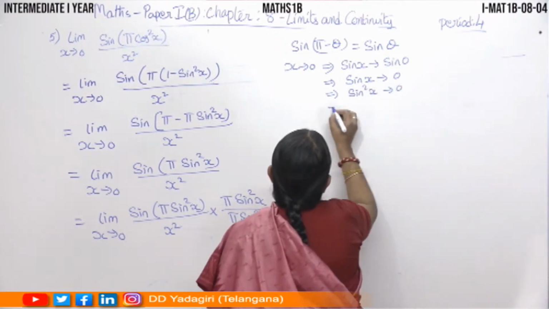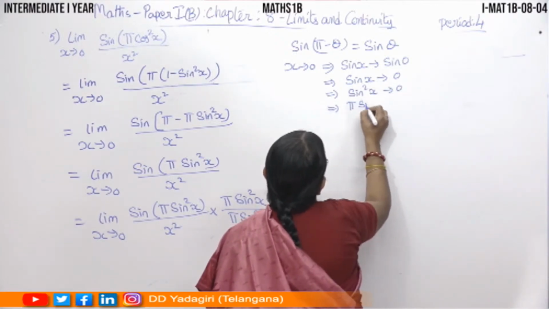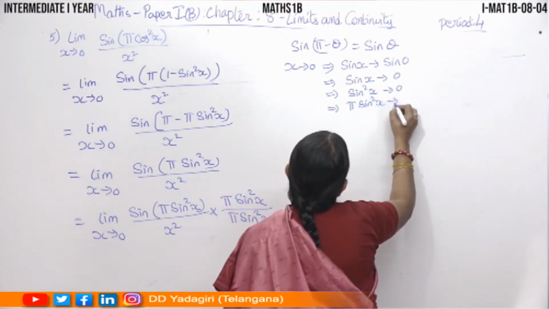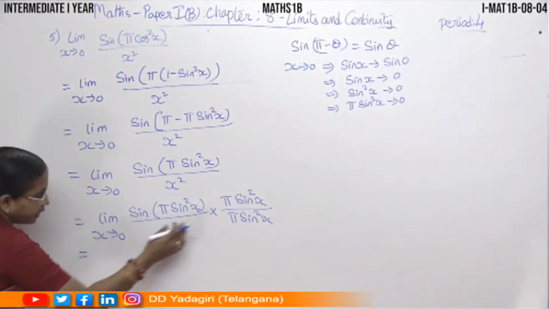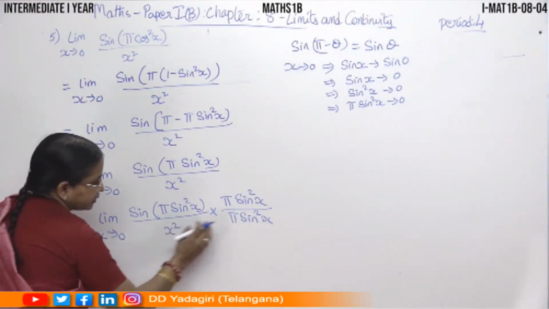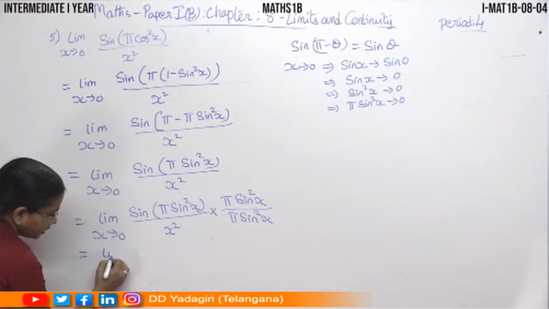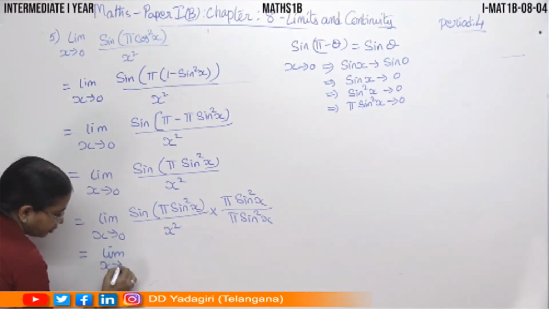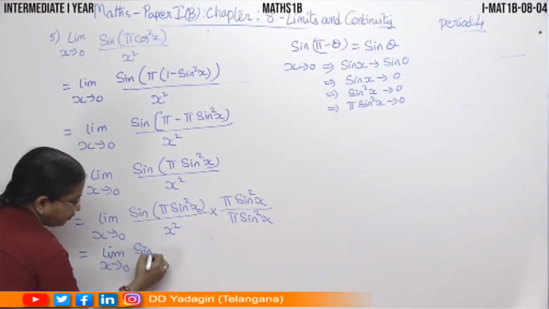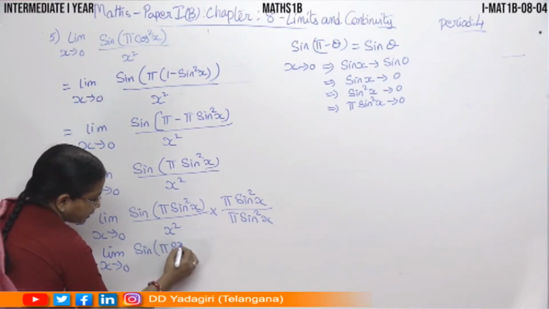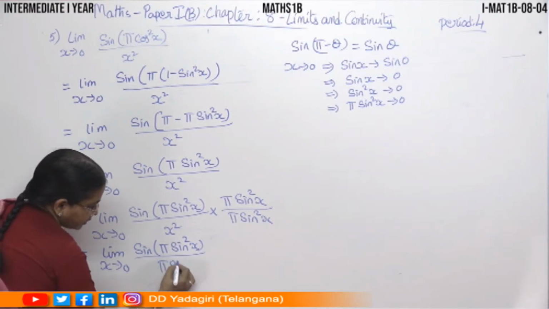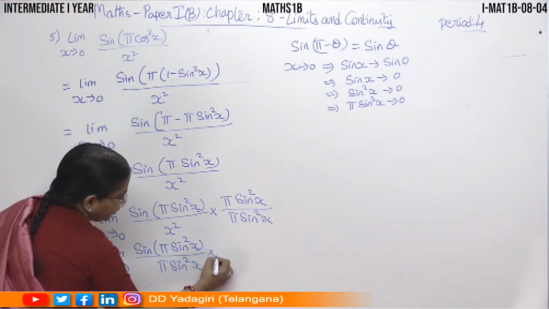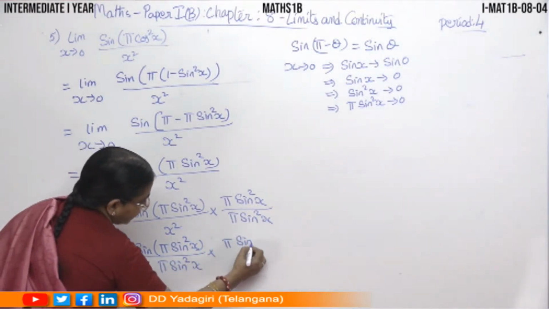When you multiply by pi on both sides, that also tends to 0. So what we'll do now is we'll write this here and this x square there. So it is limit x tending to 0 of sin of pi sin square x, sin of pi sin square x by pi sin square x into pi sin square x by x square.